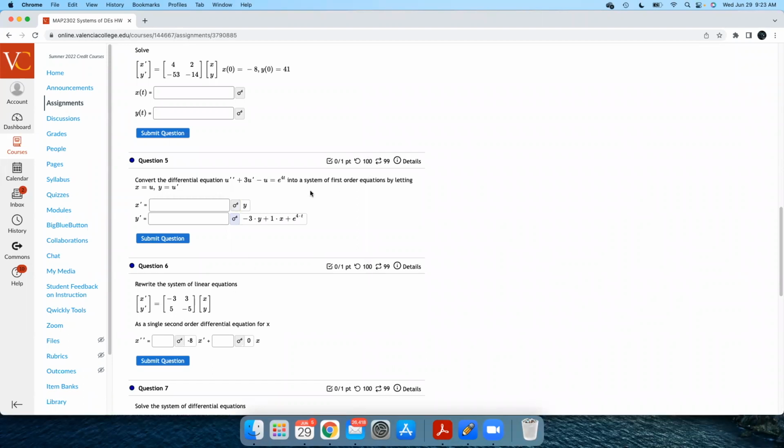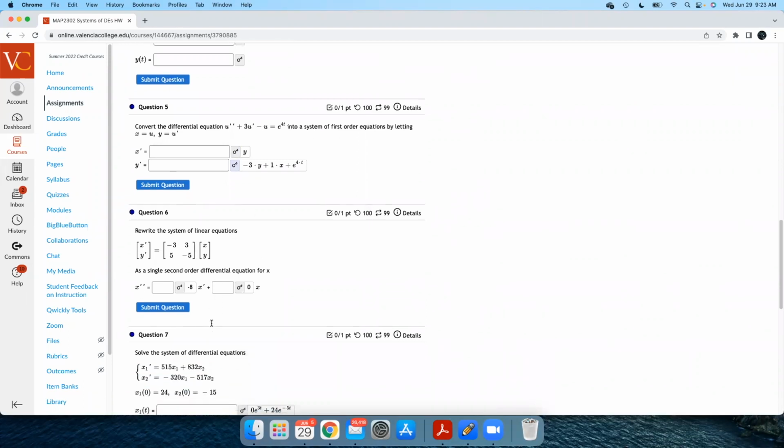Okay, this one's kind of taking that idea and going backwards. Now, I would have to really think about matrix theory and why this works for this particular system. But I'm 99% sure the reason we can convert this first order system of DEs into a single second order DE is because this matrix here has a determinant of 0.